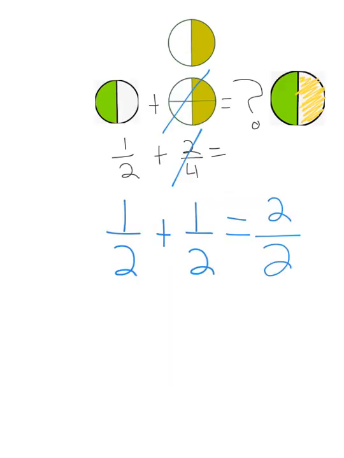So here you can see we've replaced 2/4, the picture and the fraction, with its equivalent, 1/2. And now we can do the adding. 1/2 plus 1/2, the denominators being the same, equals 2/2. So let's try this with a couple other questions.